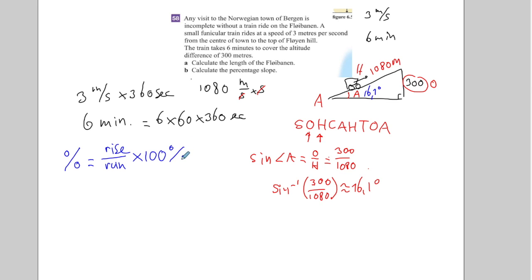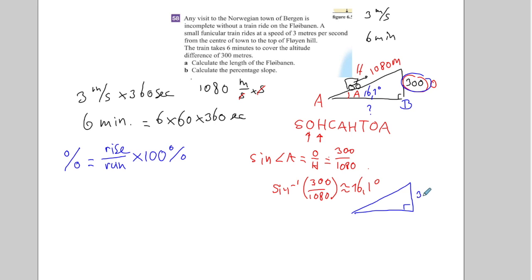And I do have my rise because that's 300, but my run is still unknown. Call this AB. So I need to calculate my AB, and I could do it with the Pythagorean theorem because I know this is a right angle triangle.